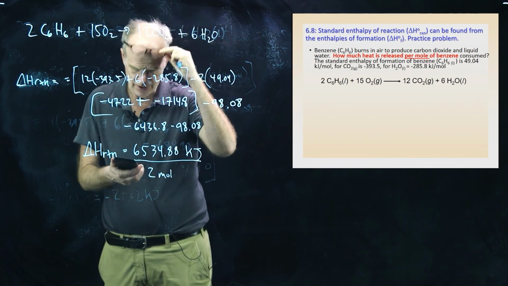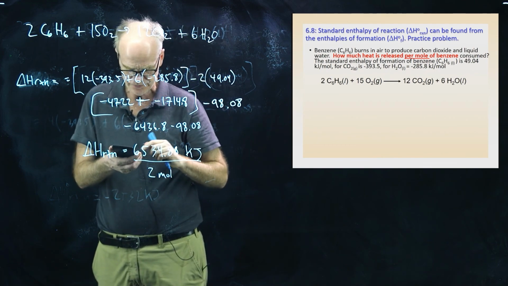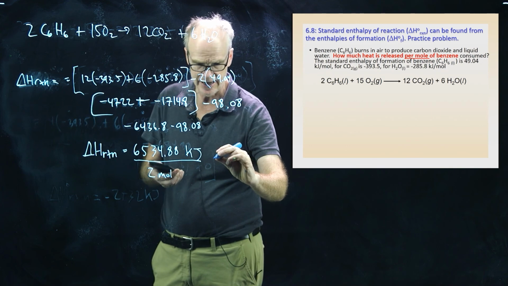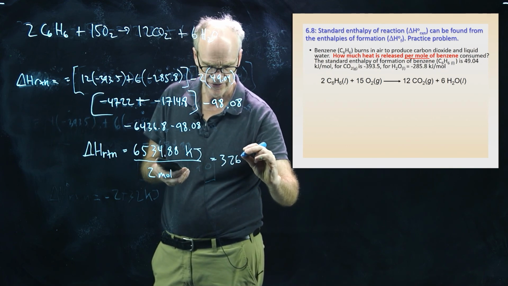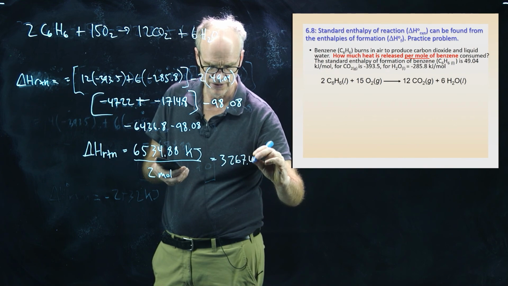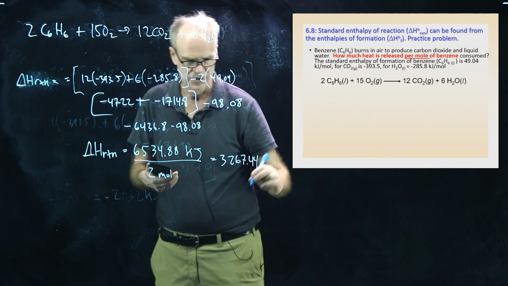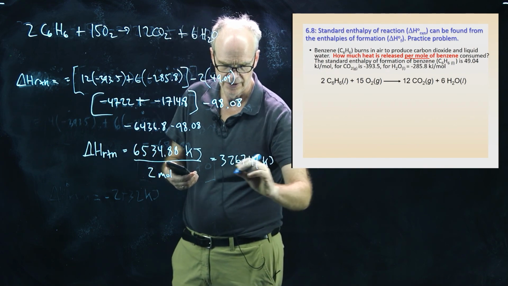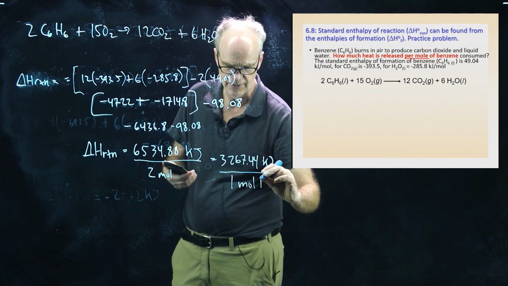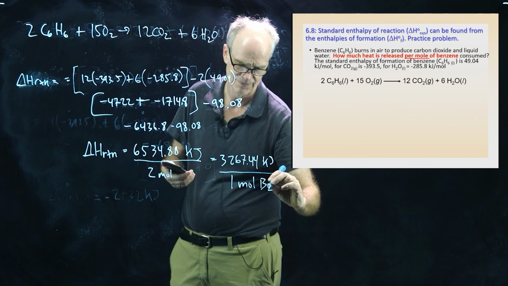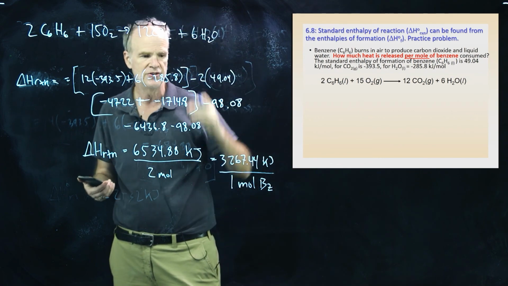And so I get negative 3267.44 kilojoules as the standard enthalpy change per 1 mole of benzene. The abbreviation for benzene is BZ.